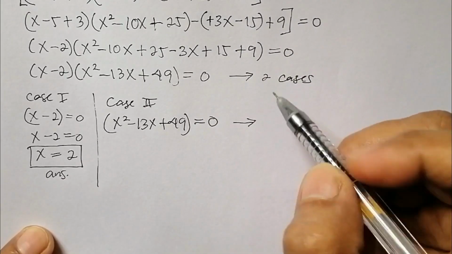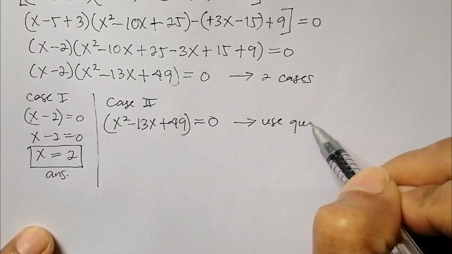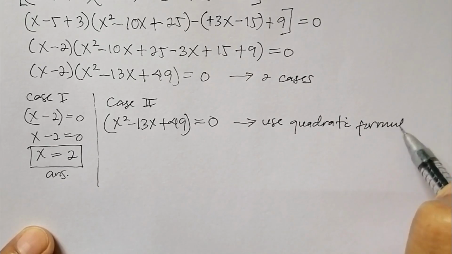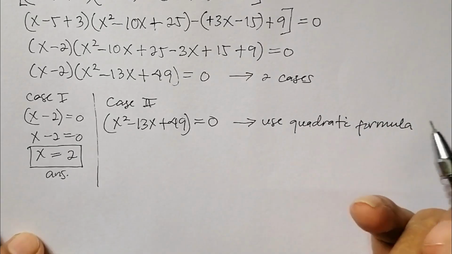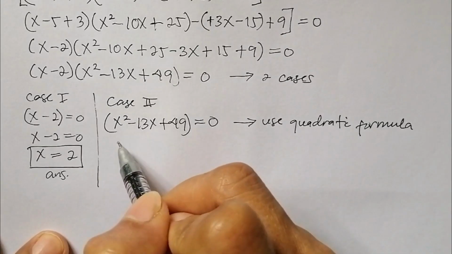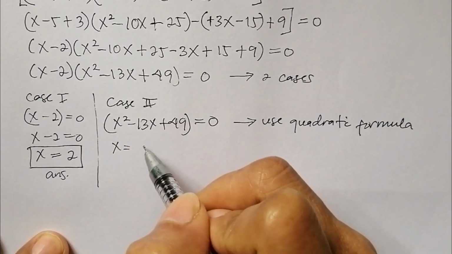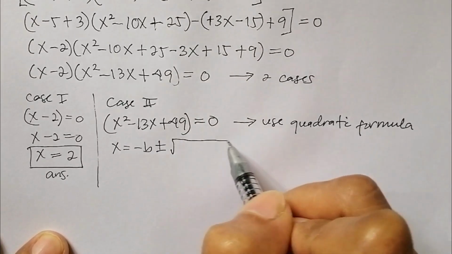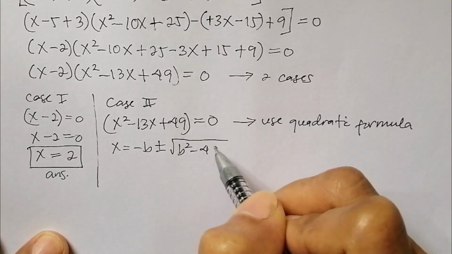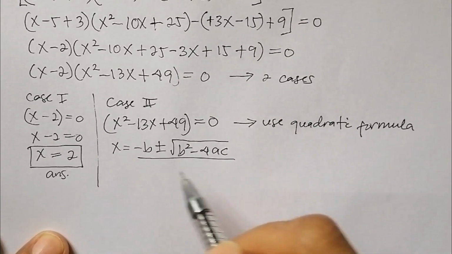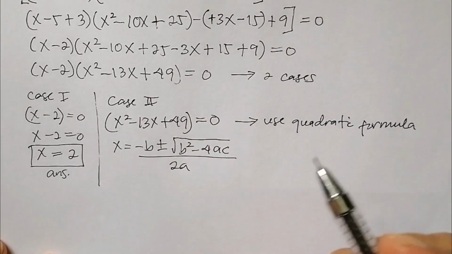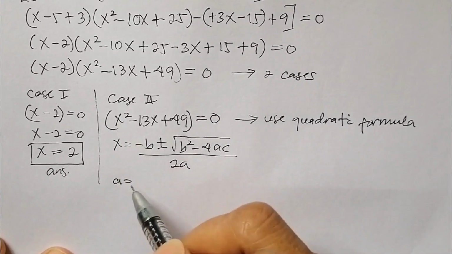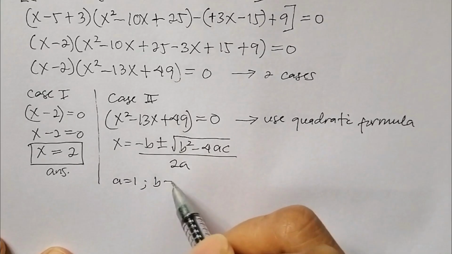So we're gonna use the quadratic formula to find the values of x. Where a is equal to 1, b is equal to negative 13, and c is equal to 49.